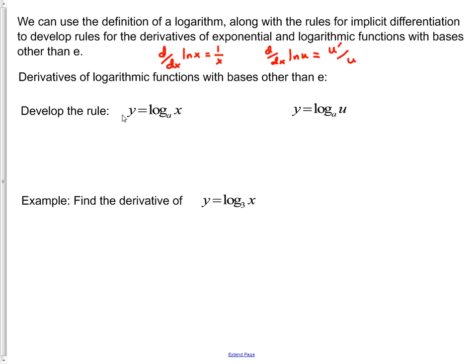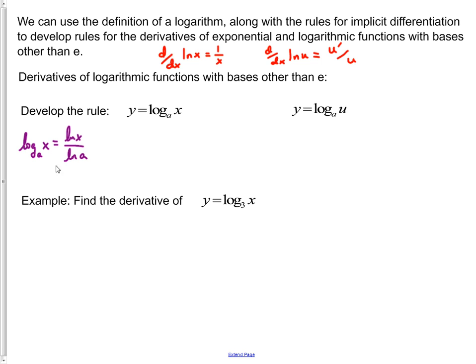Well, interestingly, we can very easily develop a rule for a logarithm base a of x. And this is going to go back to what you might remember as the change of base theorem. One part of the change of base theorem stated that if we had to evaluate a logarithm base a of x, but we didn't have that base a on our calculator, one way of rewriting it was as a natural logarithm of x, as long as we remember to divide it by the natural logarithm of the base a.